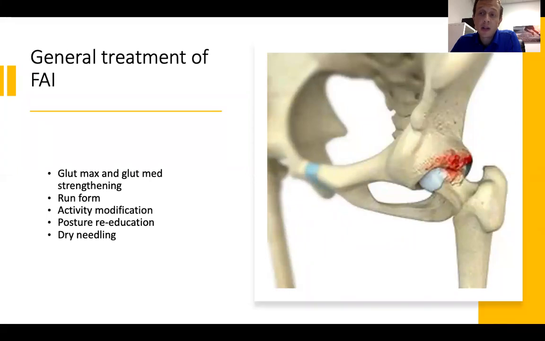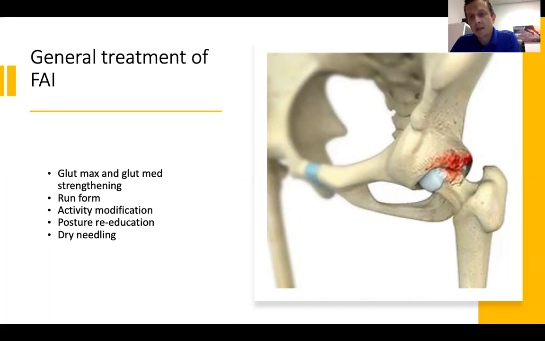Research supports strengthening. In my experience, these either get better or they don't. And when they don't, we typically try to really address the underlying driver behind it if we can, from an overuse standpoint.